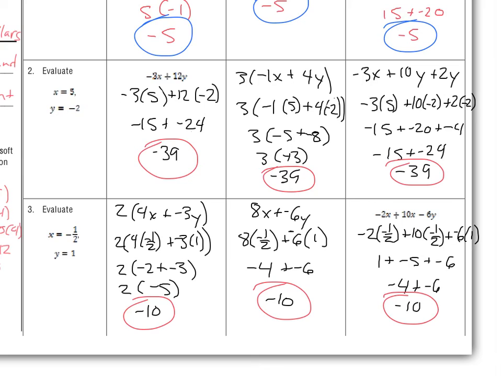Sometimes they may have variables in them, sometimes they may not, depending on whether you know everything in the expression. If we want to evaluate an expression, we need to plug in the values and then use order of operations to simplify it down. And then we can determine if expressions are equivalent by plugging in some values and seeing if they come out the same. That's one way to check to see if expressions are equivalent.